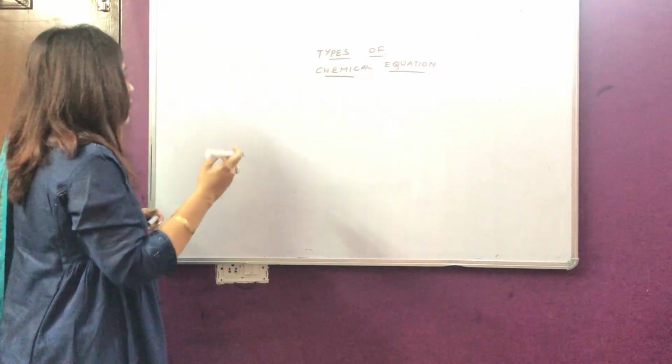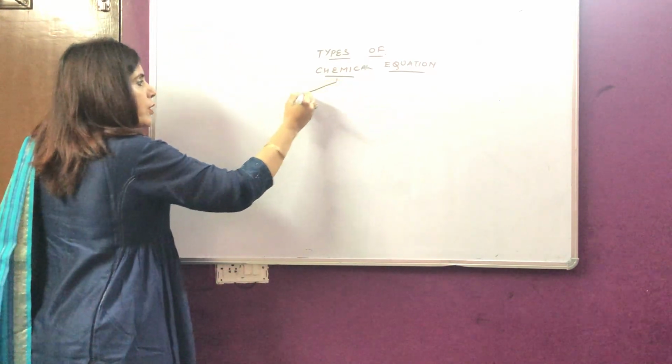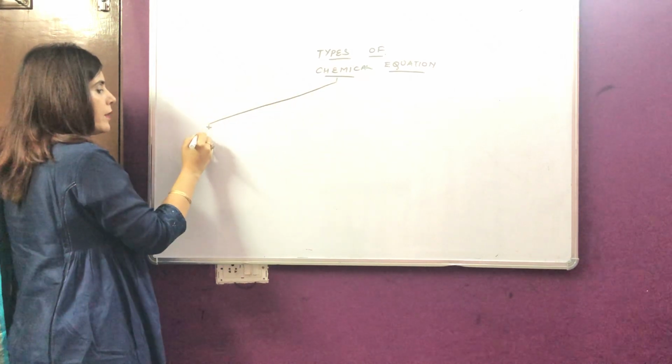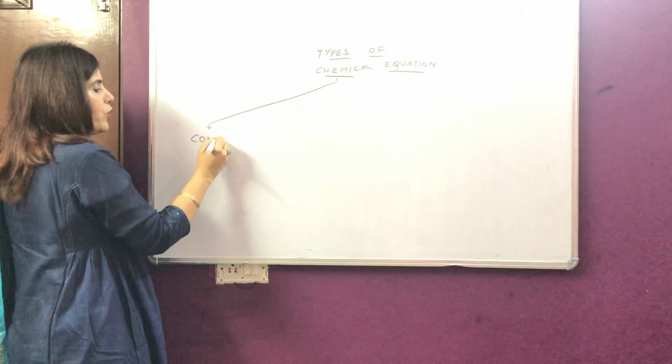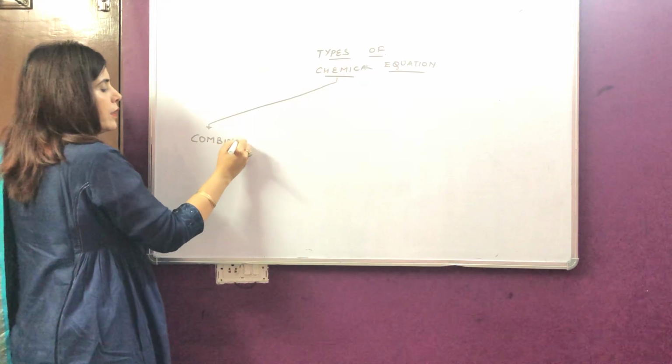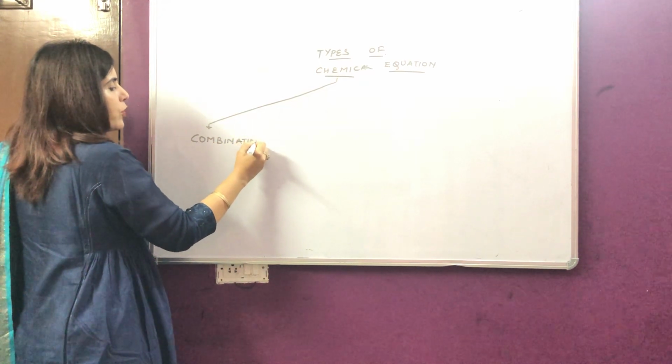So, the types of chemical reaction: the first one we did was combination reaction.